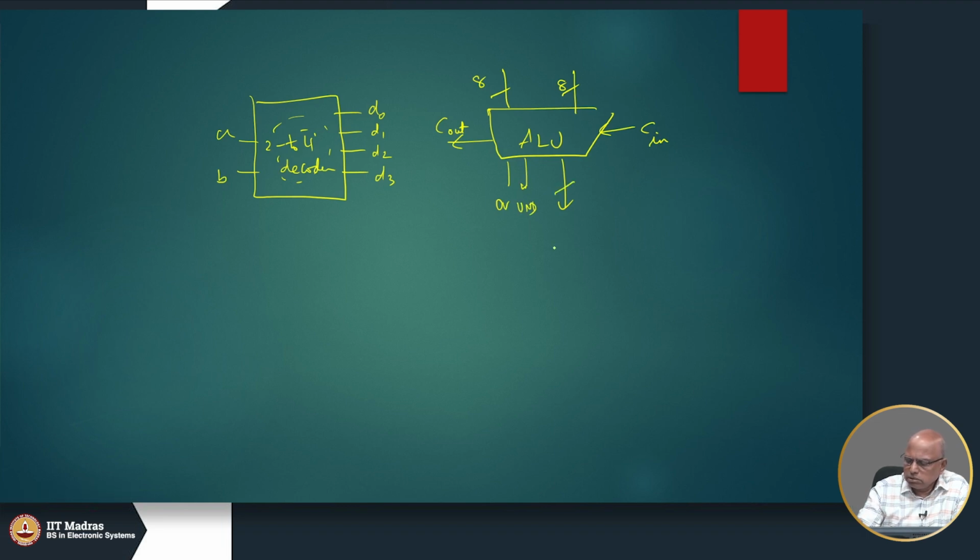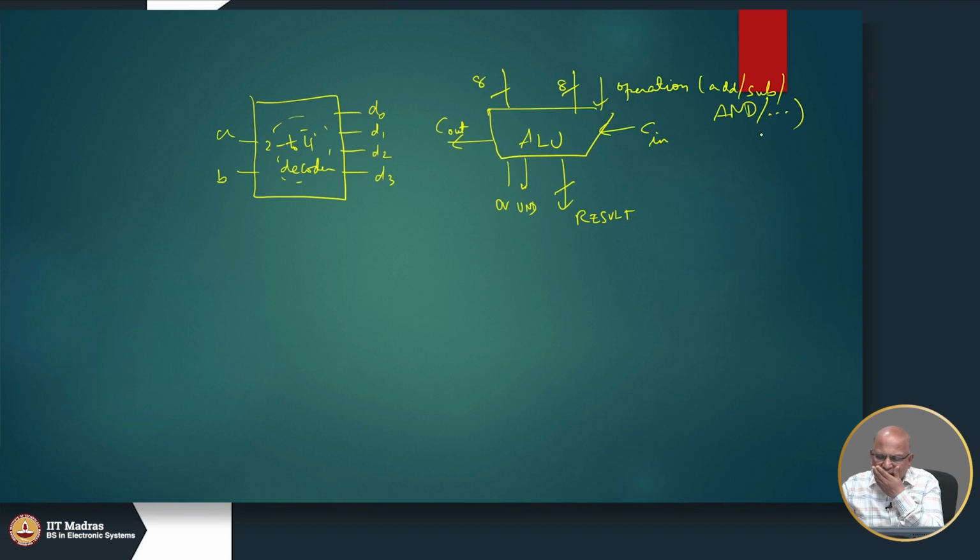There may be some difference, etc., some result, and this may represent the operation. It may be add, subtract, logical AND, etc. If I now only look at the stuck at 0, stuck at 1 on the periphery, then I may have left out so many faults which are inside.